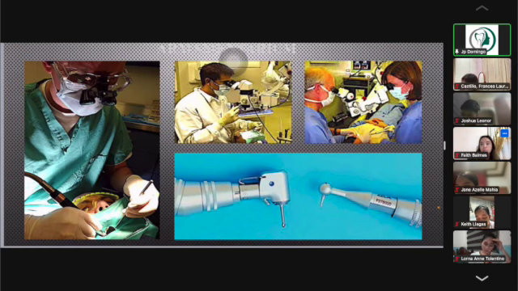The use of these instruments and equipment will not guarantee a better outcome or prognosis if the ability of the operator is questionable. What are these here?